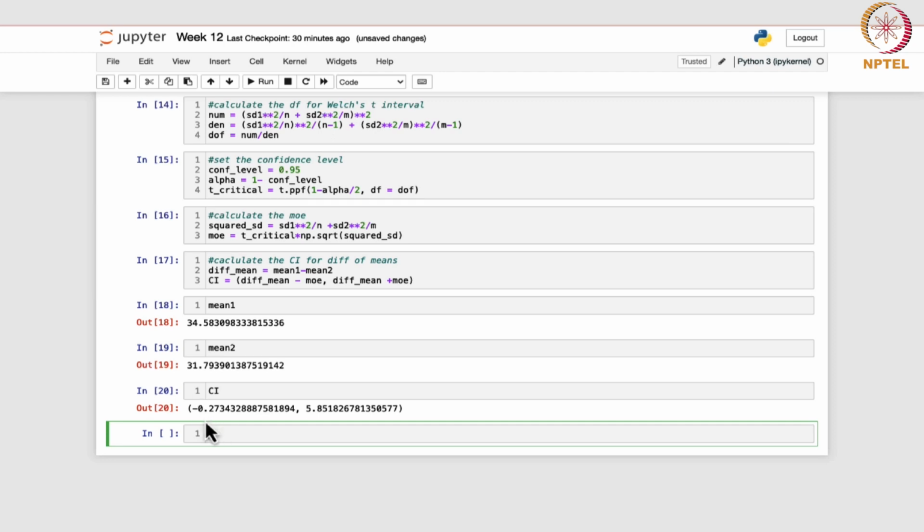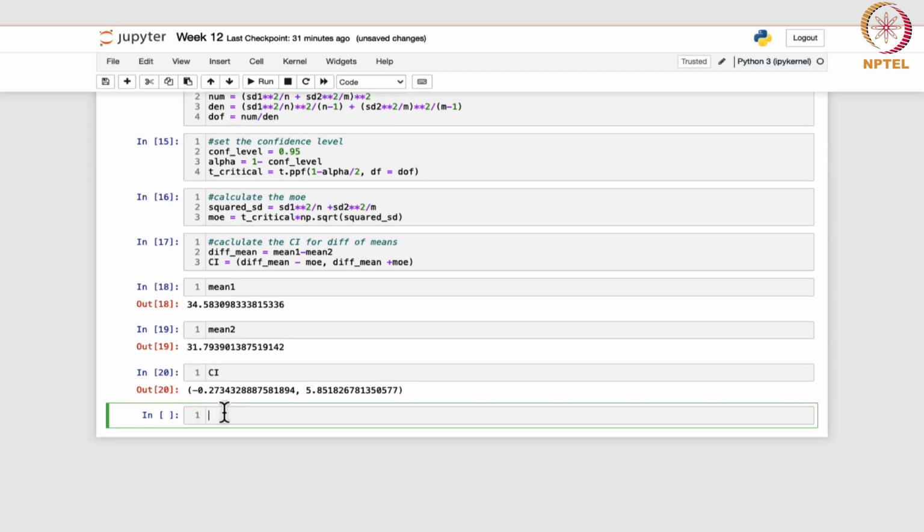You can see that it goes from minus 0.273 to 5.85, because we have different variances in this case. So the confidence interval also gets modified in the same way. So this is basically your 95% confidence interval, which means that we are 95% confident that the difference of the population means is going to lie between these two.